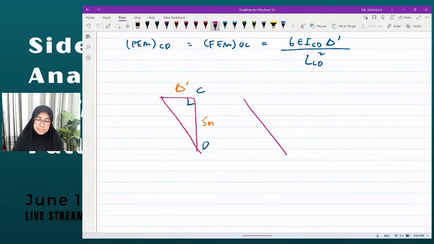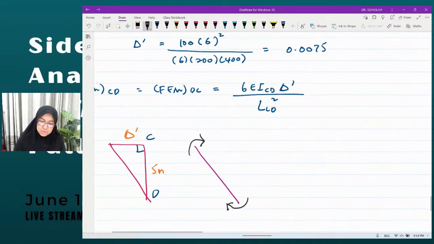The moment we have to apply clockwise. So FEM for DC is also positive. FEM CD is also positive.